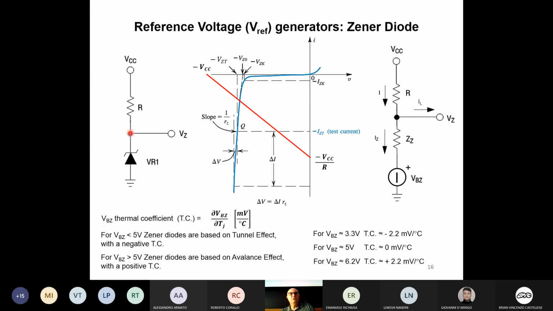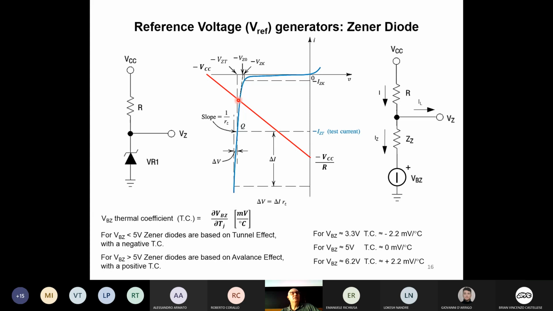So if we put 0 voltage here, the maximum current through the resistance is minus VCC over R. We connect this line, and the operating point is here, at the intersection between the characteristic of the diode and the load line.